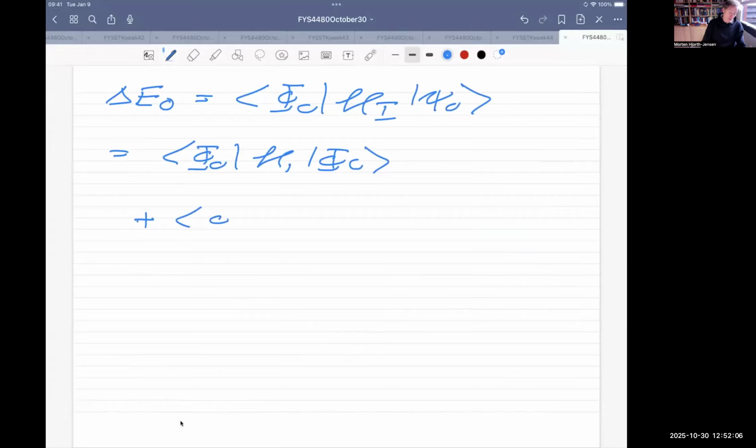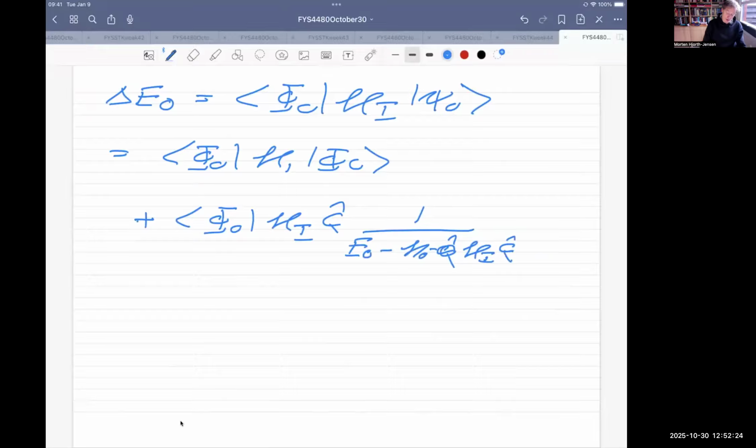So I would then have phi 0 multiplied with H_I, multiplied with Q, and then 1 over E0 minus H0 of minus Q times H_I multiplied with Q here, and then this is multiplied with Q of H_I, and finally multiplied with the final term, which is just phi 0.